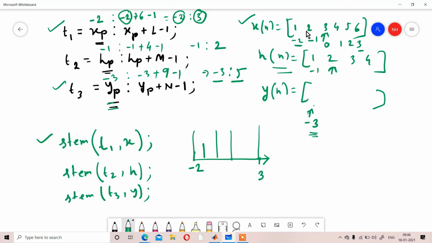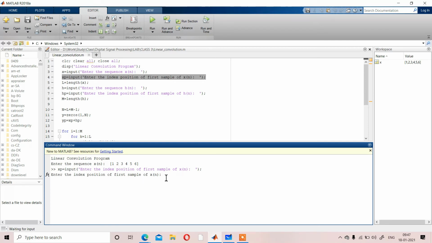So also I'm considering that example for the code purpose. So -2 will be your index position.